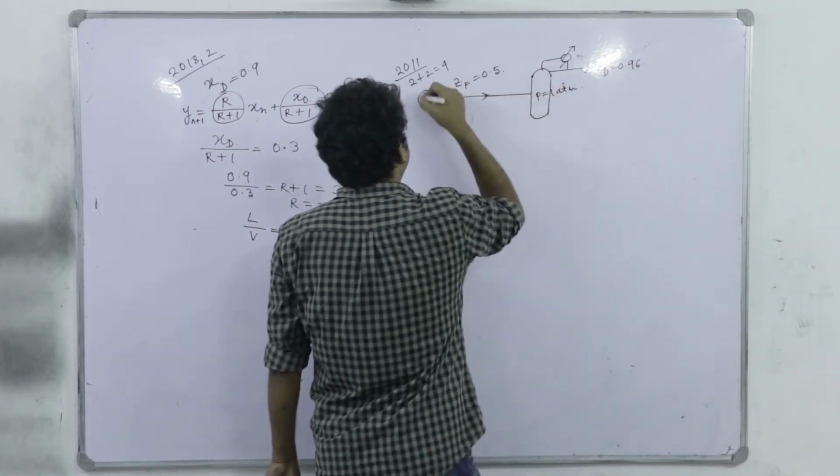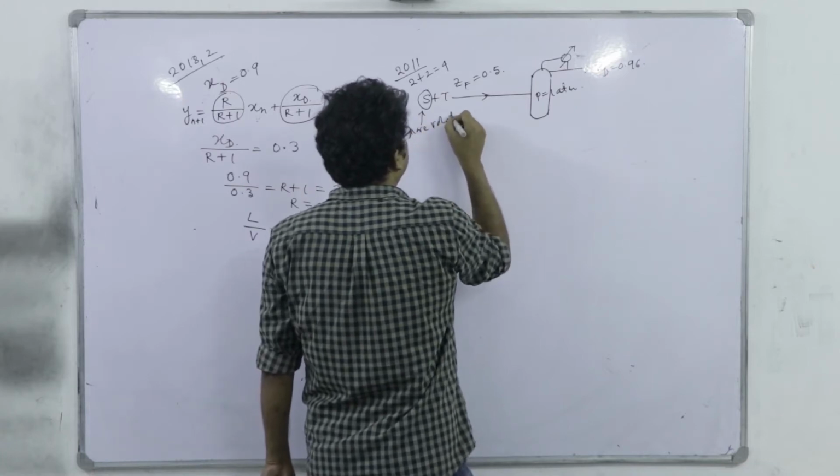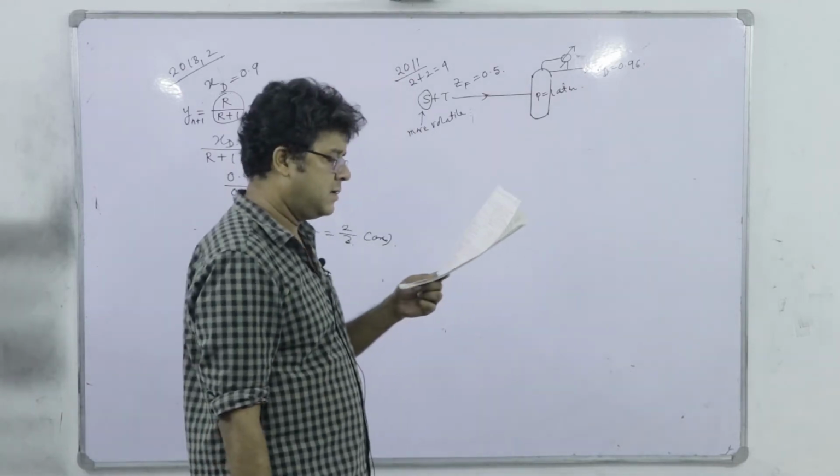We are writing in terms of S. S is more volatile. Why? Because it has a higher mole fraction in the distillate.